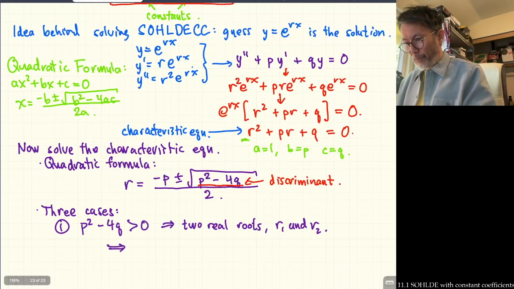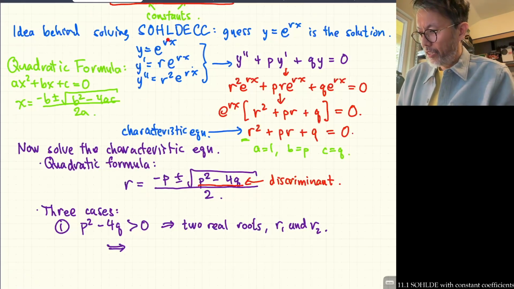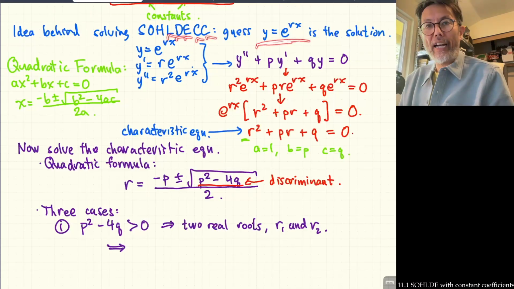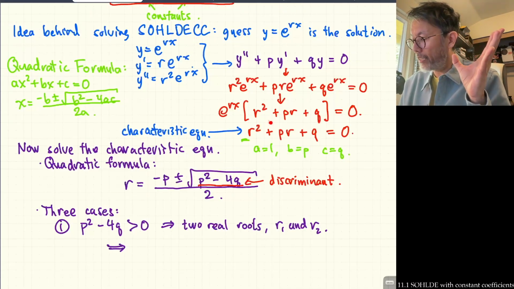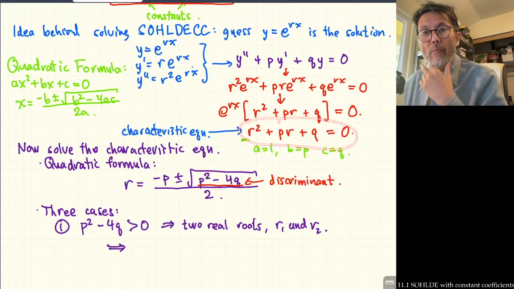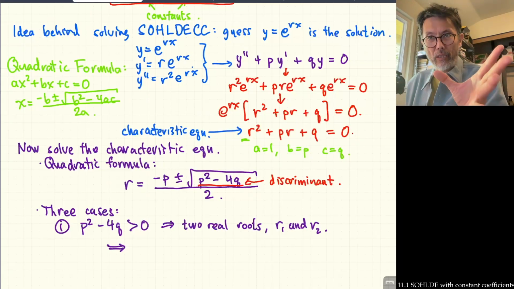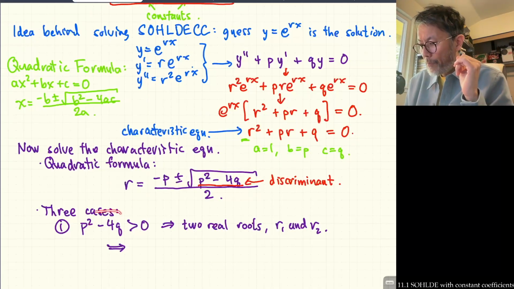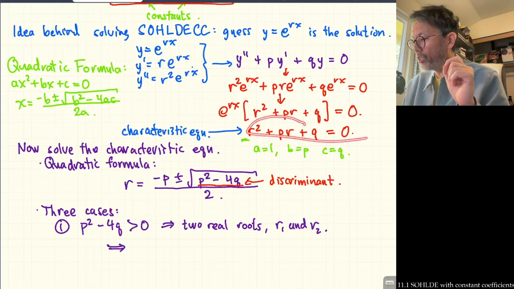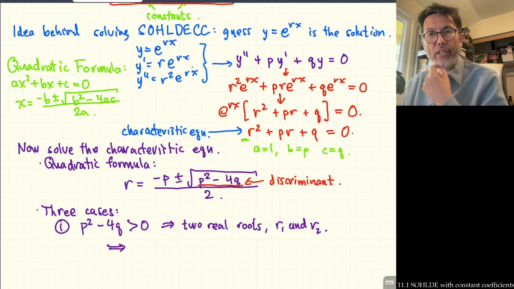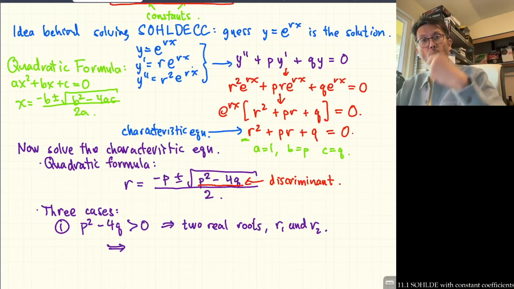We have made an assumption that the solution to our second order homogeneous linear differential equation with constant coefficients looks like e to the rx. And what we found is that that's equivalent to requiring that r squared plus pr plus q is equal to 0. Well, if p squared minus 4q is positive, then there are 2 solutions, r1 and r2, to this equation. So then backtracking, what does that mean?